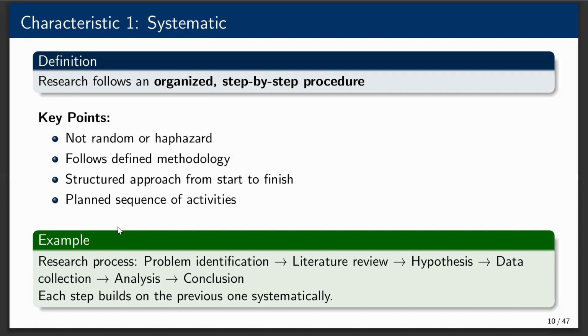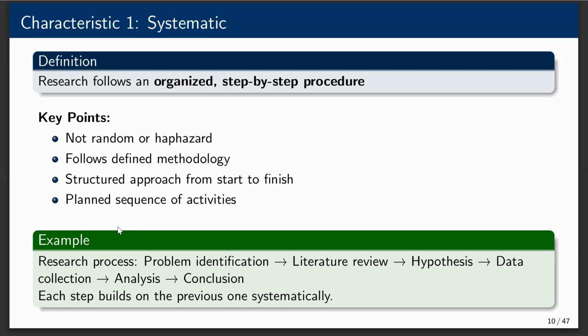Definition, what is the definition? Already we know that research follows an organized step-by-step procedure. Key points, not random or haphazard. It follows defined methodology, structured approach from start to finish, planned sequence of activities. Example, research process, like what are the research process? First is problem identification.